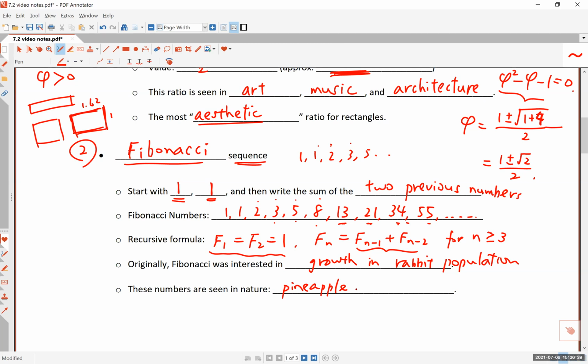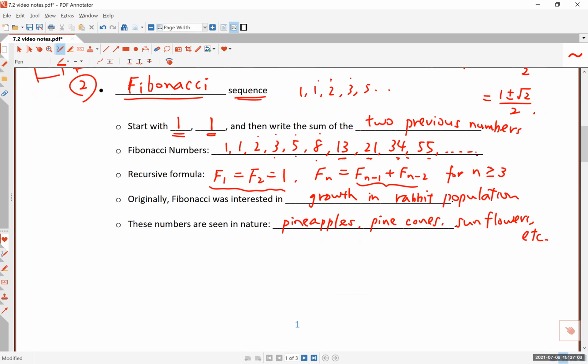You're supposed to look up something about the Fibonacci sequence and where the Fibonacci numbers appear in nature. You will see references to things like pineapples, pine cones. How are they related to the Fibonacci sequence? Well, you'll have to look up some information online. Sunflowers, etc.